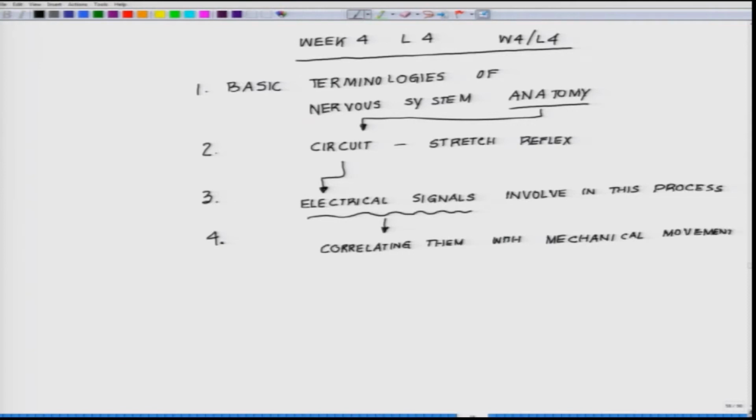This mechanical movement we are talking mostly about is the contraction of muscle.